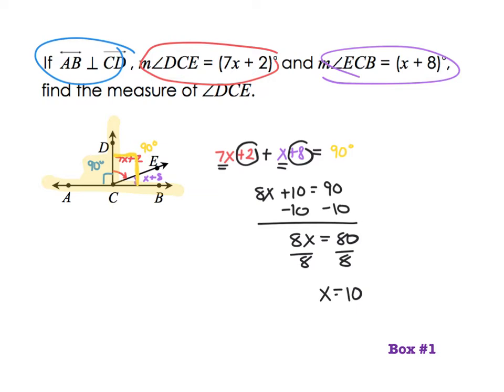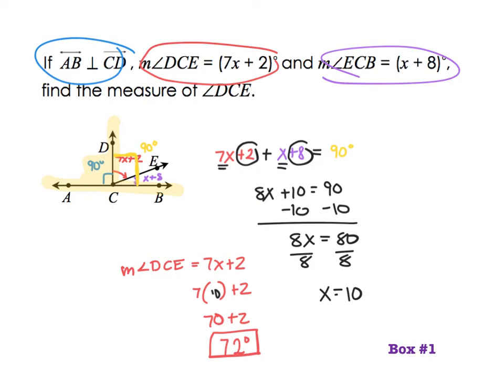I need to find x to answer the question. The question is asking me to find the measurement of angle DCE, which happens to be 7x plus 2. So I have 7 times x plus 2. In this case, I know x is 10. So I have 70 plus 2. That means it's 72 degrees. That's my answer.